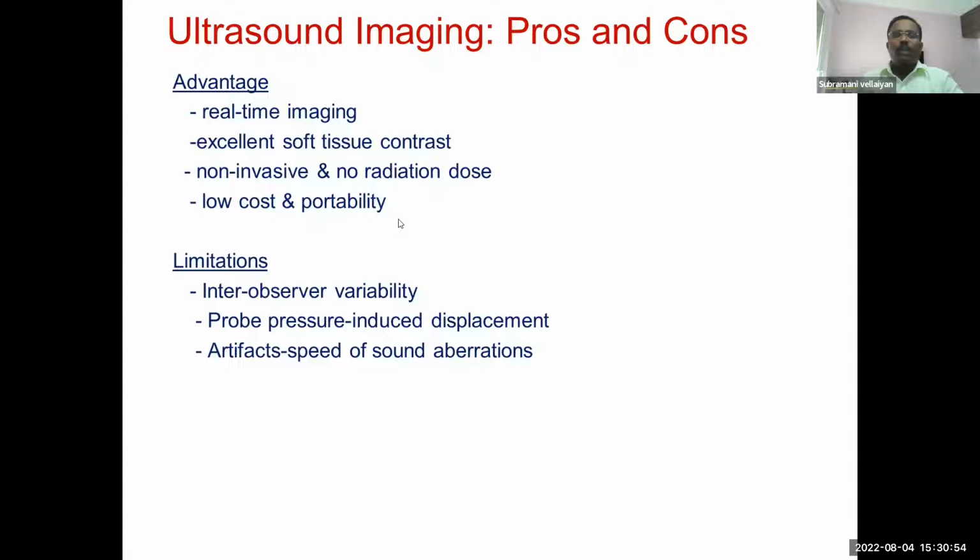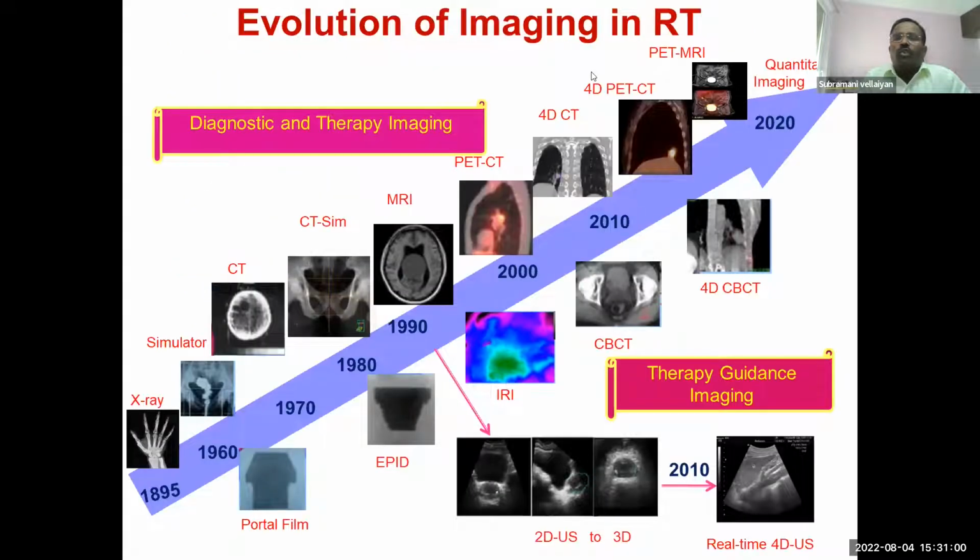Why are we talking about ultrasound? In radiation oncology, we are now talking even about quantitative imaging. In this scenario, how does ultrasound imaging fit into the image guidance workflow? Ultrasound is also taking place no less than quantitative imaging, and radiomics is possible based on the quality of ultrasound imaging.